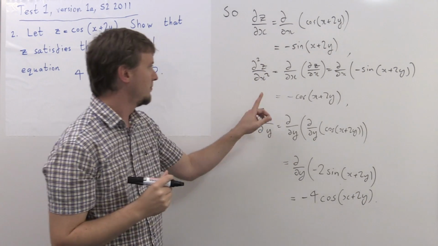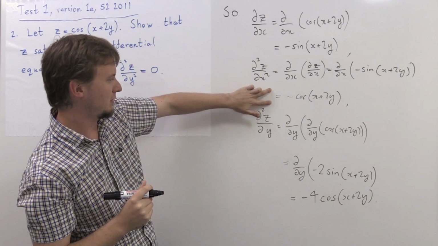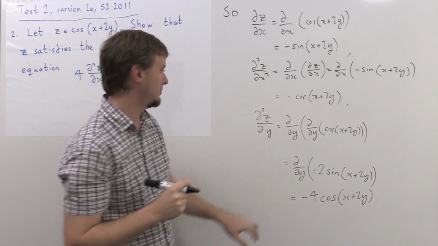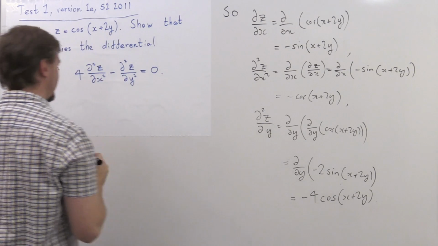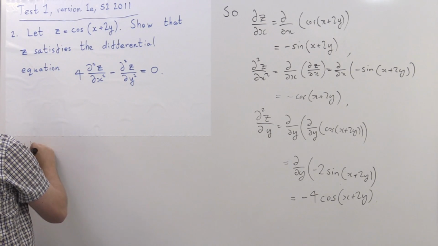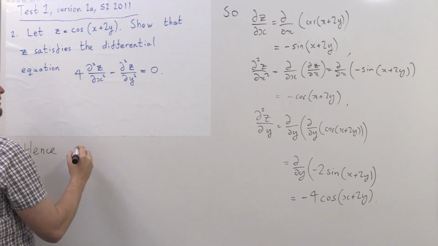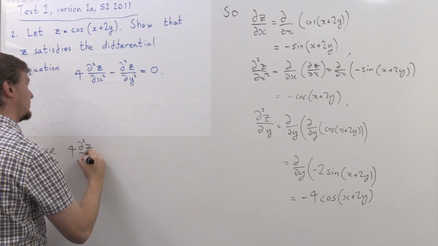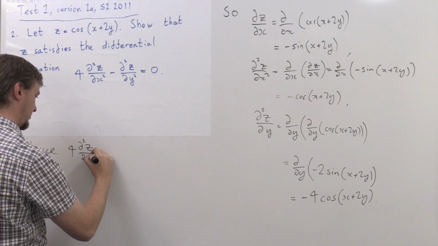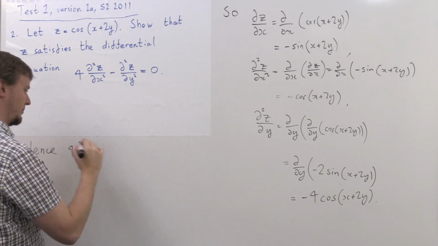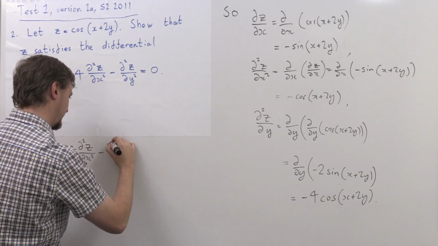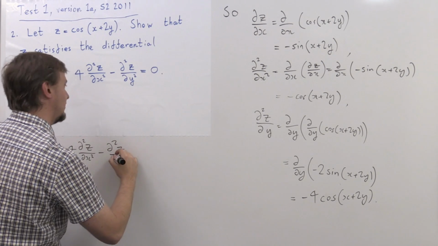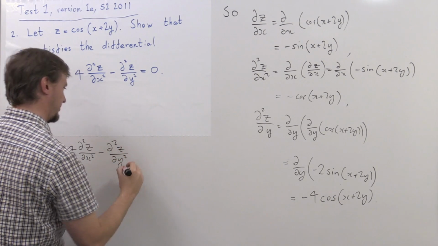So we have the second partial derivative with respect to x, and the second partial derivative with respect to y. Let's verify it satisfies that. So hence, I take 4 times the second partial derivative with respect to x minus the second partial derivative with respect to y.